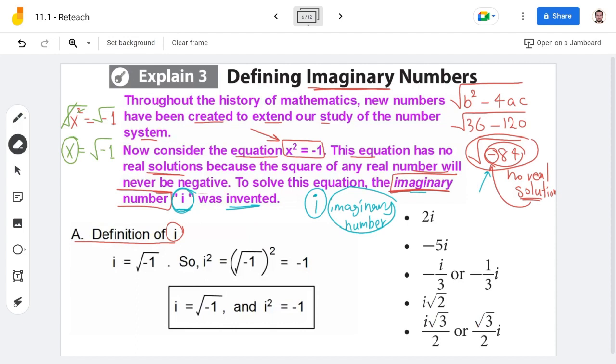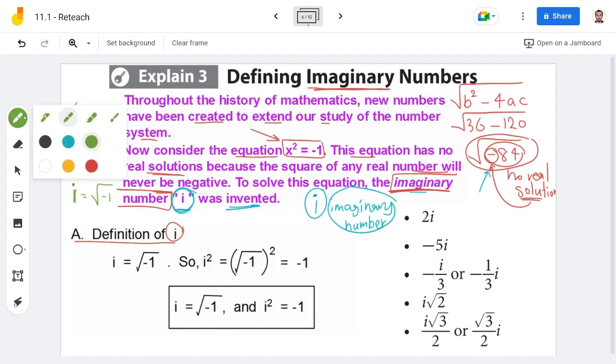So I will change this variable and write i equal to the square root of negative 1, because this one cannot happen. This is no real solution, so I will change x and write i to represent the imaginary number. So now i is equal to the square root of negative 1.